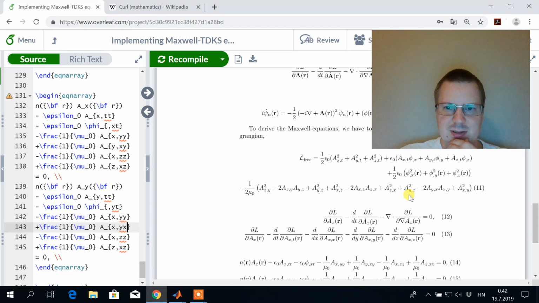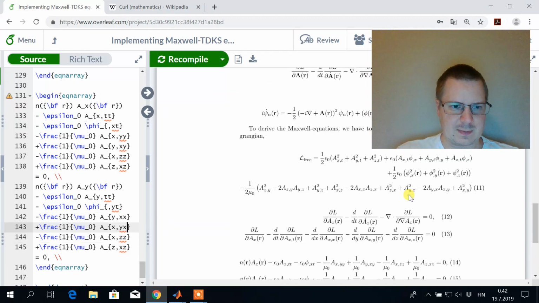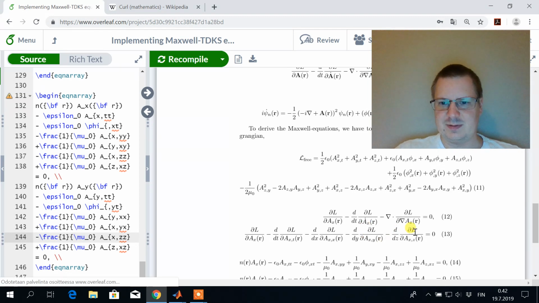So this will give a yx or x. And then y derivatives don't exist. Then we have z. So I have a y z.